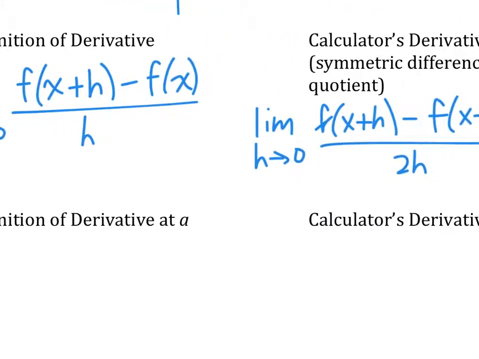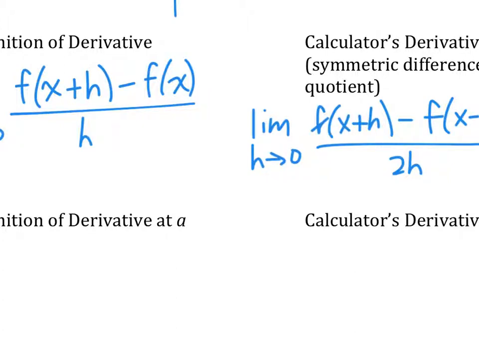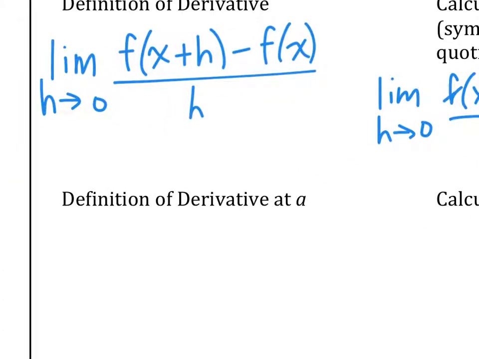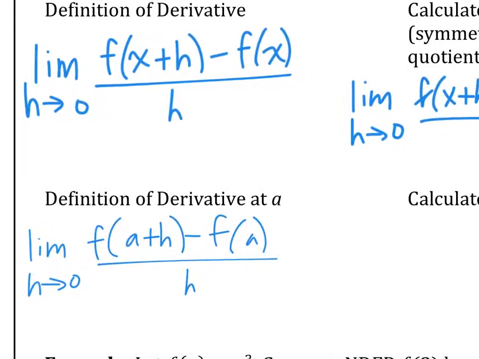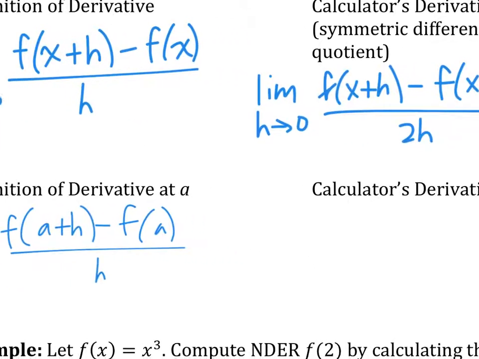And if you want the definition of derivative at a, it's going to be exactly the same thing, except you're going to change all of the x's into a. And then same thing as for the one that's on the calculator.